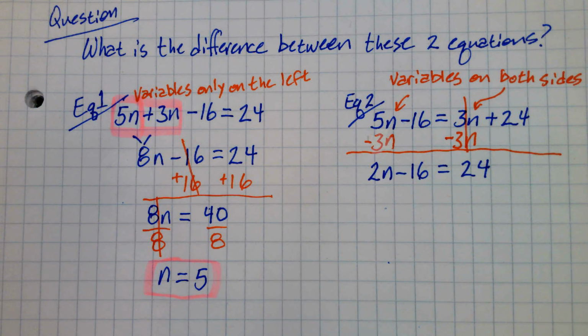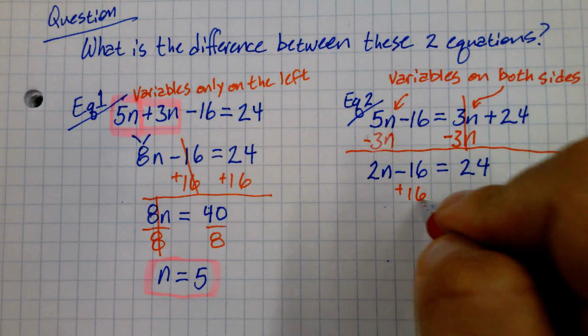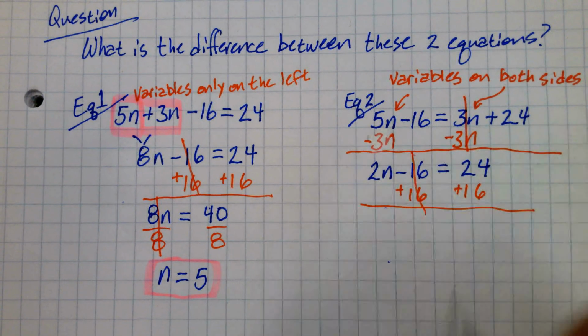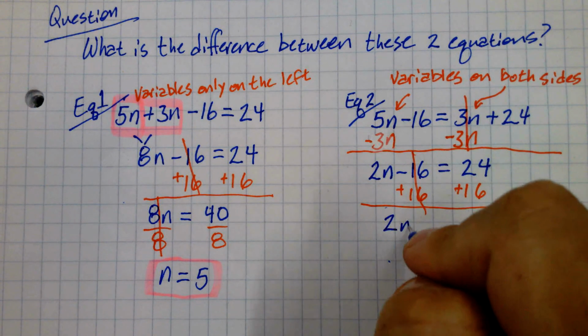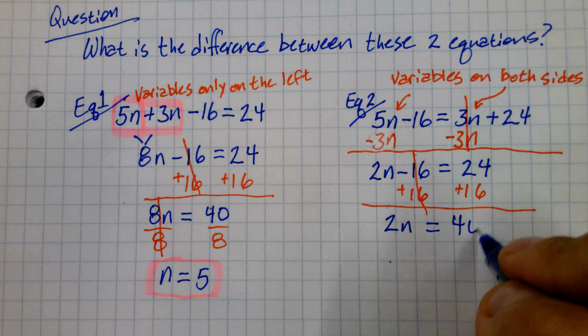It's very similar, actually, except here we got an 8, here we got a 2. So let's add 16 to both sides. So I get 2 times n equals 40 again.